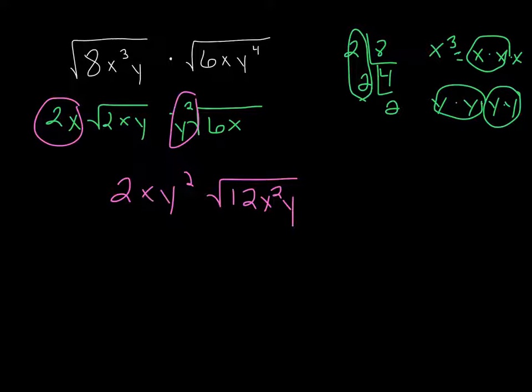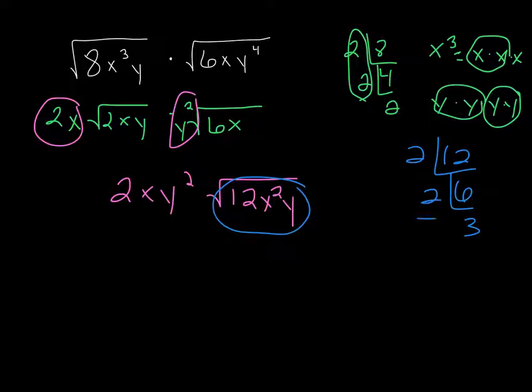Now let's see if we can simplify our radical here. So 12, we have 2 times 6, and then 2 times 3. So a 2 can come out, and then x squared, again, is x times x, so the x can come out. So let's take what's already out, 2xy squared.